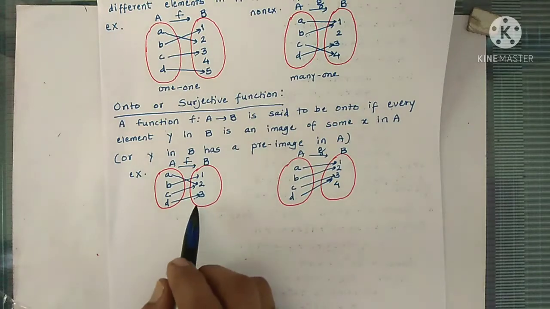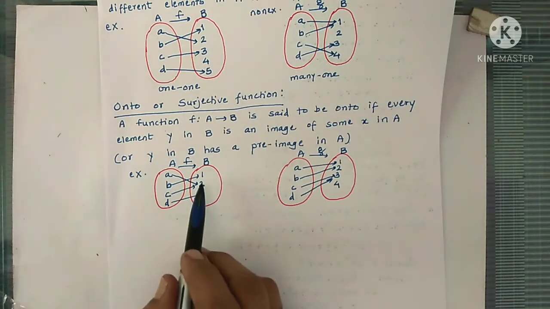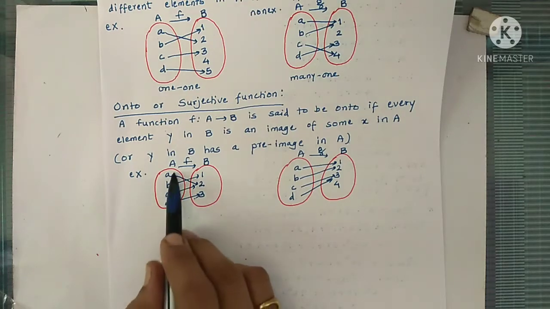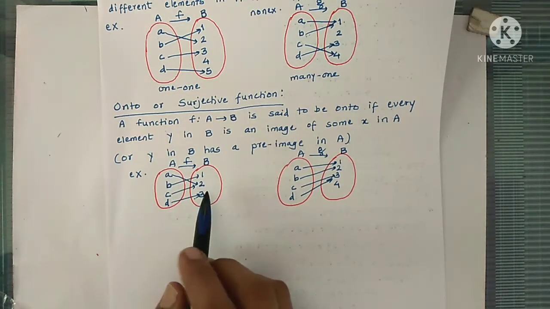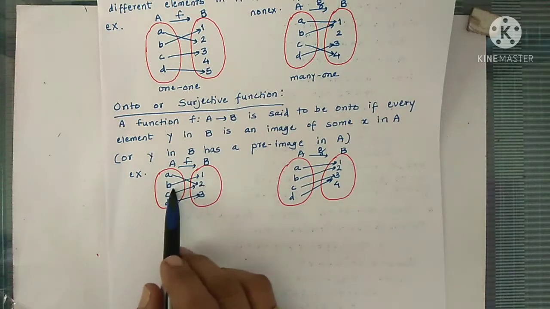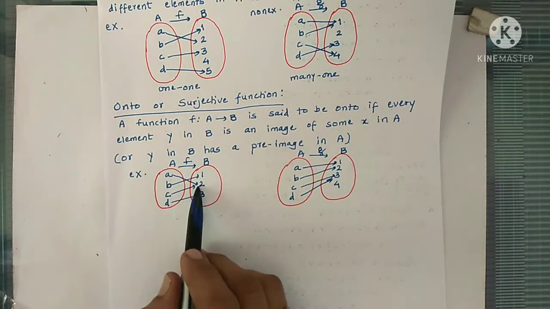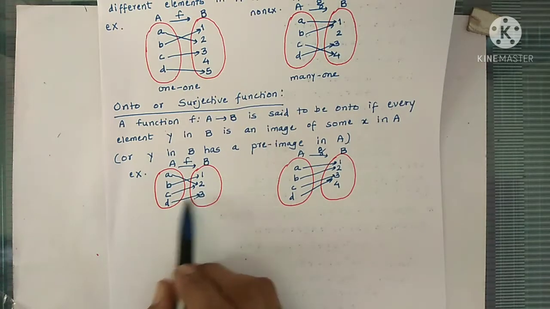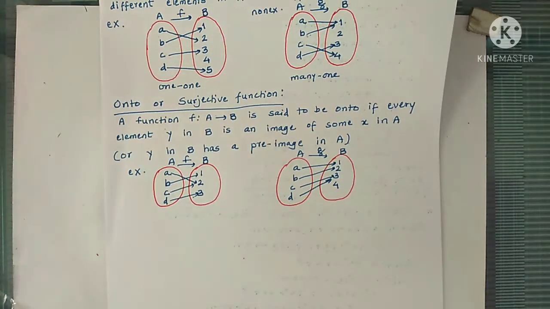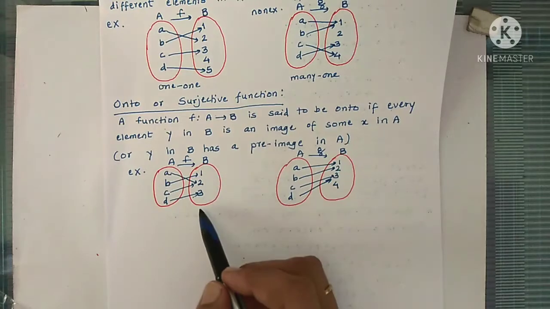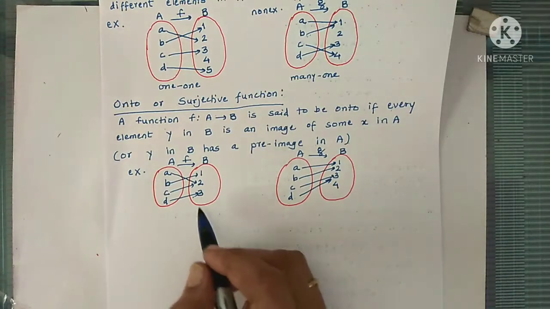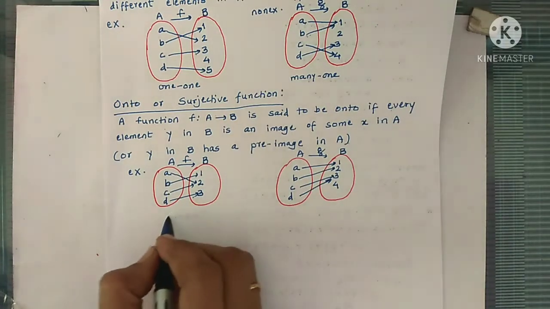Now let's see here. In this case, every element of B is the image of some or the other element of set A. You can see this 1 is the image of b, 2 is the image of c as well as a, and 3 is the image of d. So if every element of B is the image of some or the other element of A, then such a function is known as an onto function.